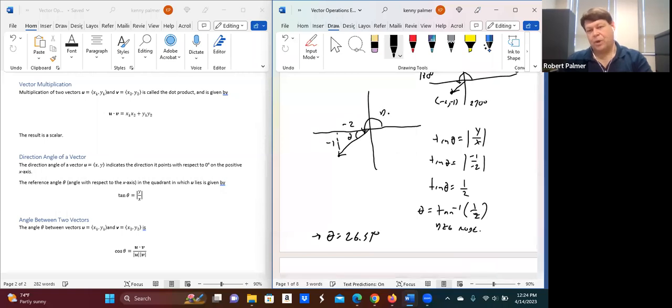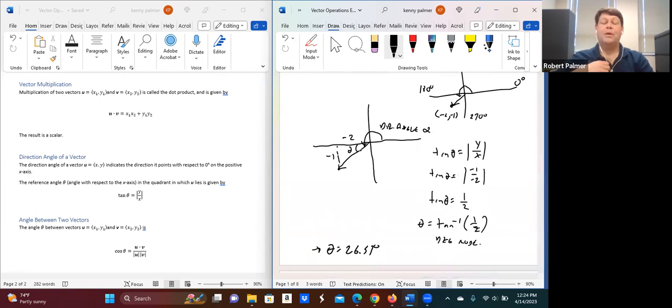So what we want is actually this angle right here. This is our direction angle. Let me call it alpha. If you understand reference angles, this is 180 degrees right here, so we need to add this to 180.